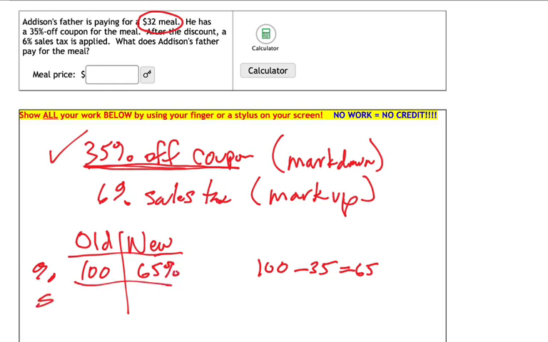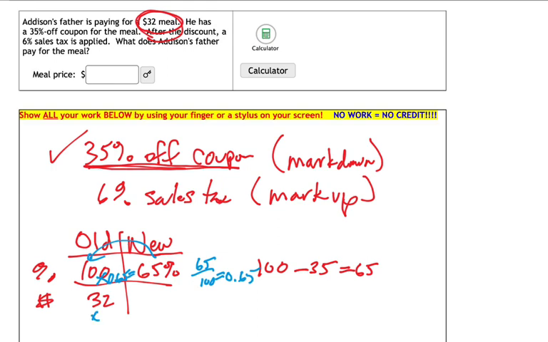And then we're going to deal with the amount, which once again is $32. And so remember, if you can't tell what we are multiplying 100 by to make 65, that's where you would work backwards. So 65 divided by 100 is 0.65. So that is what we're multiplying the 100 by to make 65.